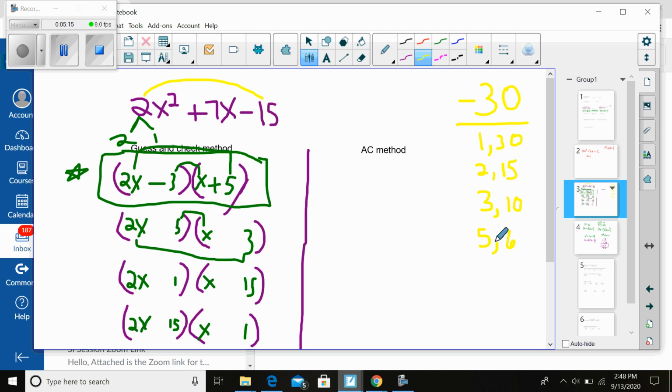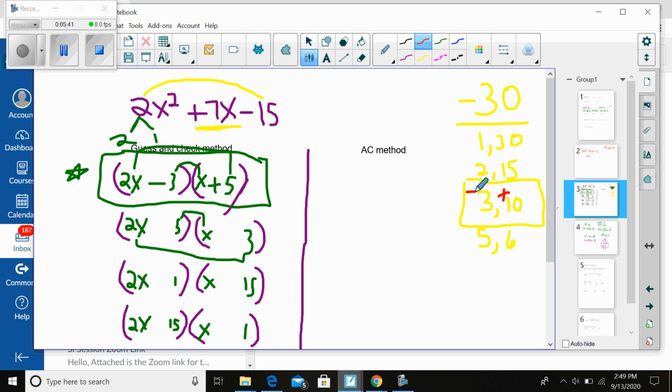If I go in order, as soon as I start to repeat, I'm done. So I know this is all the factors. Then I find the factors of negative 30 that add up to the b term. And obviously it's this one. And then since one sign is positive and one is negative, this is my positive and this is my negative.